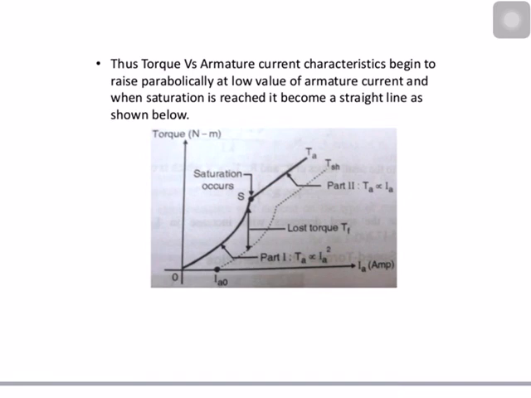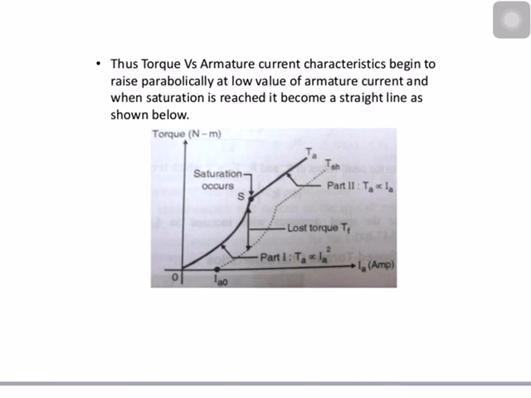So the torque developed in any DC motor, we know that T is directly proportional to phi Ia. In case of a DC series motor, as field current is equal to armature current, for small value of Ia, T is directly proportional to Ia square.